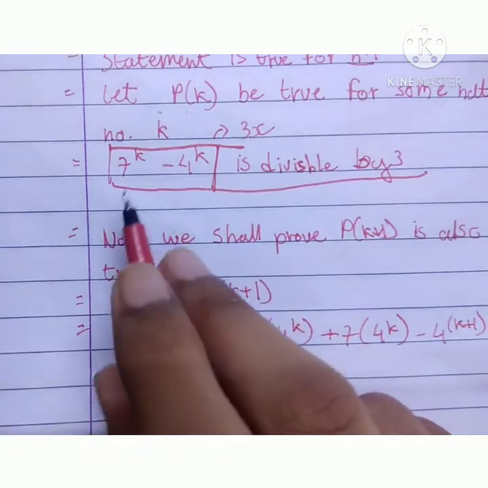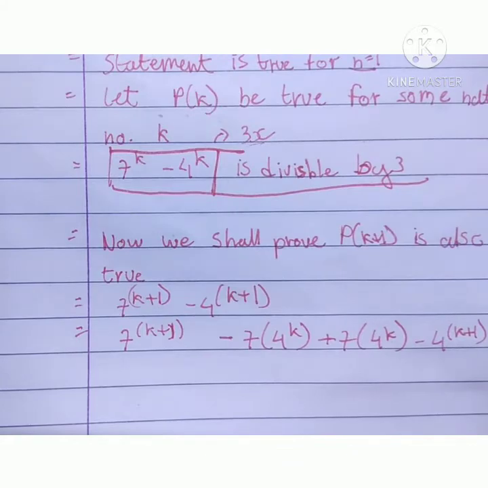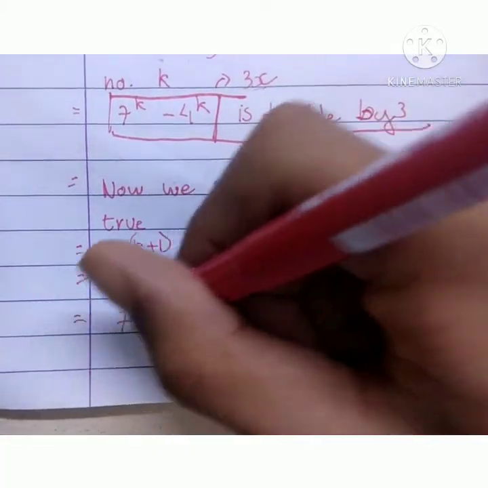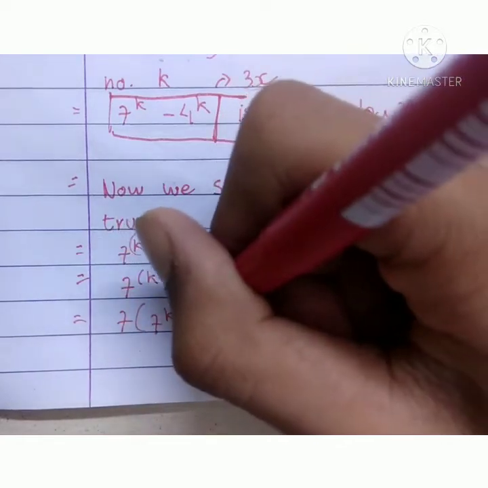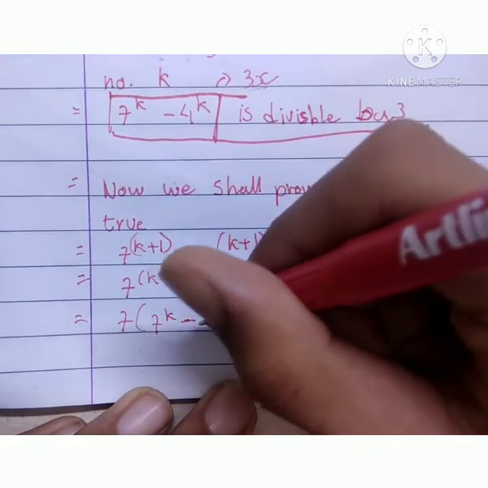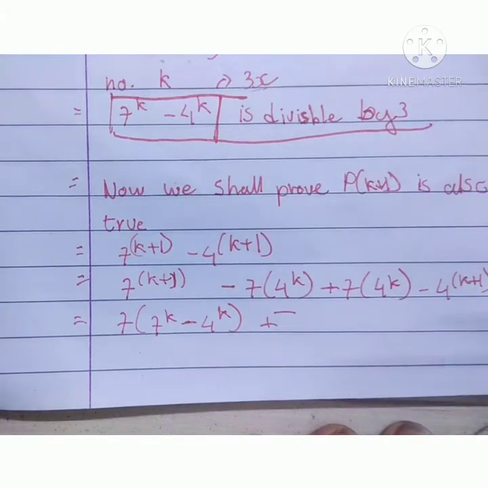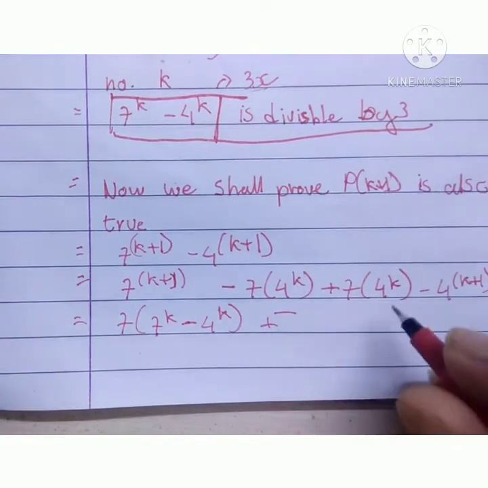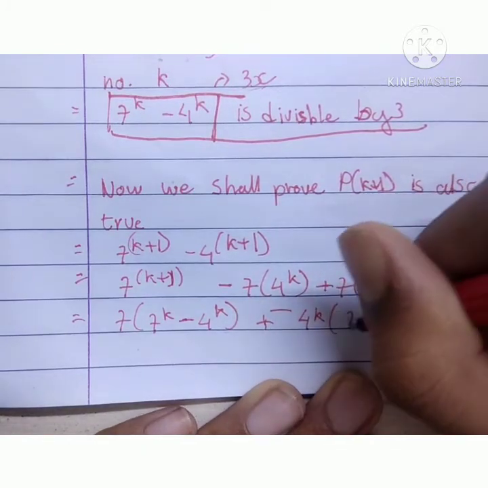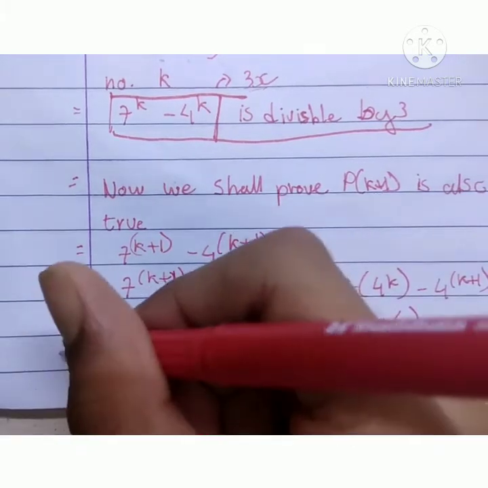But is there a motive to bring an equation like this? So that I can put 3x here. Here I can see that 7 is common, so let's take it out common, minus 4 raised to k. Plus, here 4 raised to k is common, so let me take it out: 4 raised to k times (7 minus 4 raised to 1, which is 4 only). Now let's put a 7.